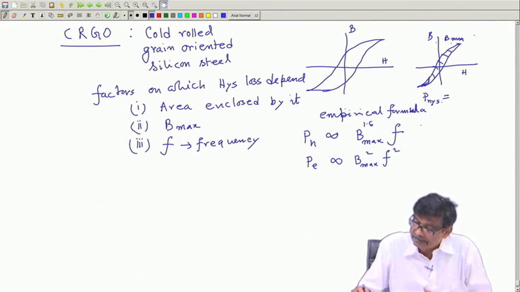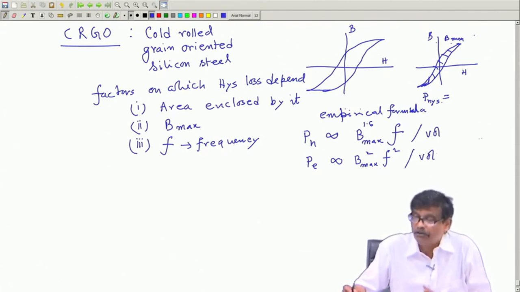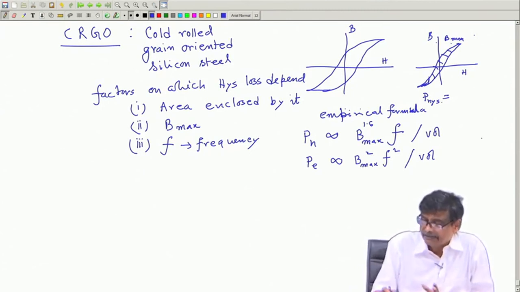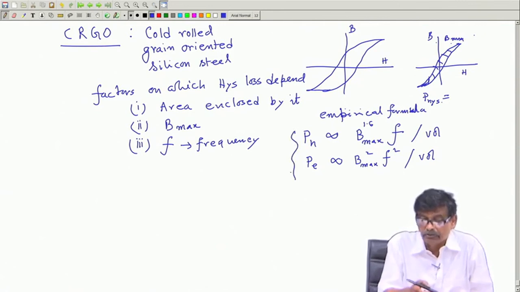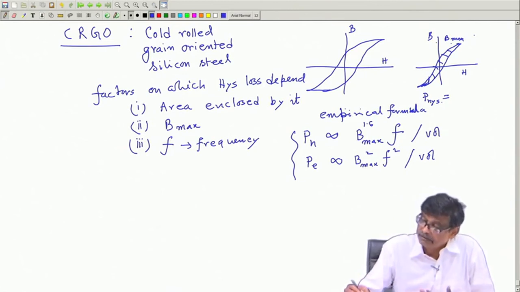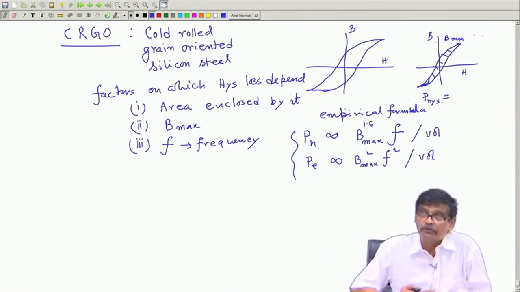But all these things are, once you write frequency here, you then write per unit volume. Volume of what? Of the magnetic material, the core, per unit volume of the core material. So, at least these results we should remember, and also if you have the BH curve of the material available to you, then you can say much more accurately about the amount of hysteresis loss that is going to take place within the core of the transformer.